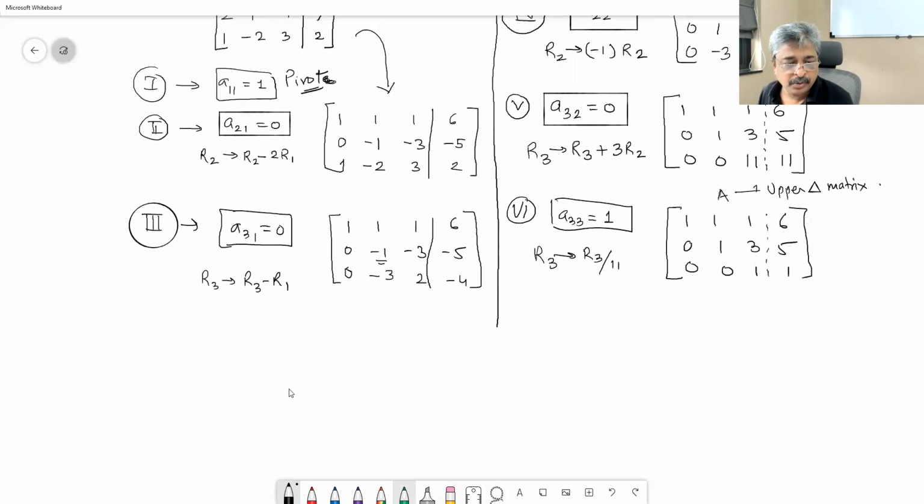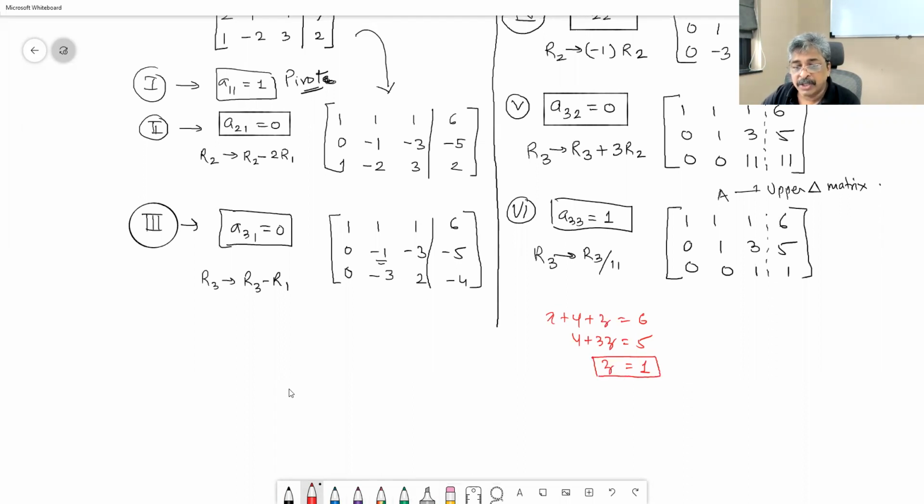Now you quickly get into the simultaneous equations: x plus y plus z is equal to 6, y plus 3z is equal to 5 and z is equal to 1. This is the system of equations. We already have z equal to 1.